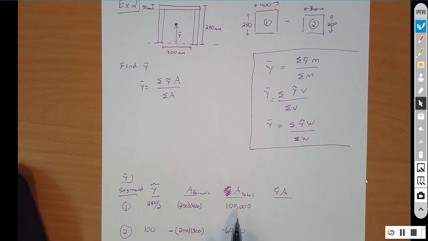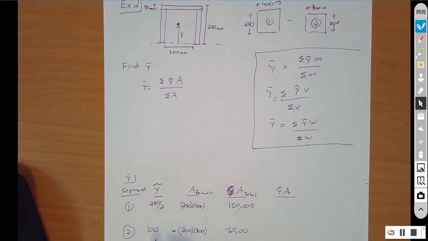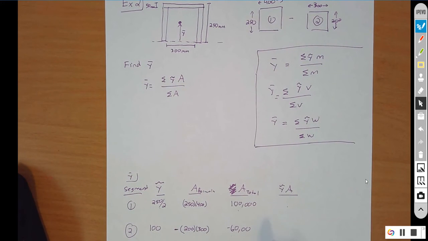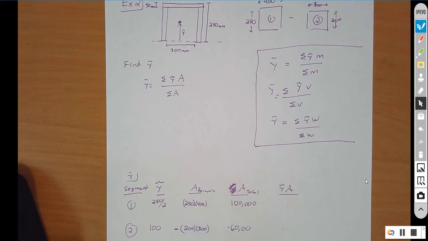We end up with 100,000 and negative 60,000. Now we're going to calculate y bar A. We take the midpoint, 125, and multiply it by this area to get that. We take this 100, multiply it by this area to get this one. You end up with negative 6 E6 and 125 E5, or 12.5 E6 if you want to make them both E to the 6.